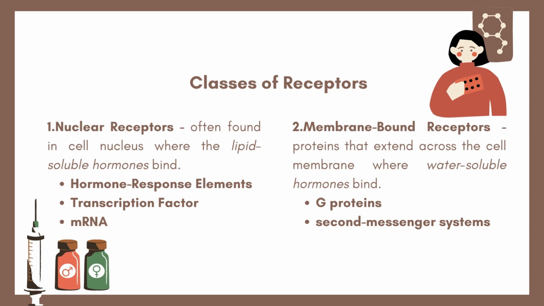The activated G protein in turn activates a membrane-bound enzyme called adenylyl cyclase. Adenylyl cyclase catalyzes the conversion of ATP to cAMP, or cyclic AMP.